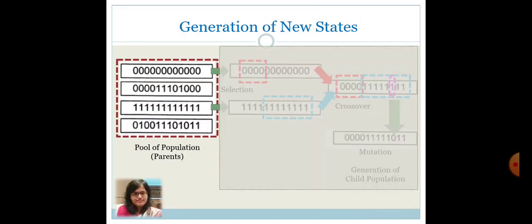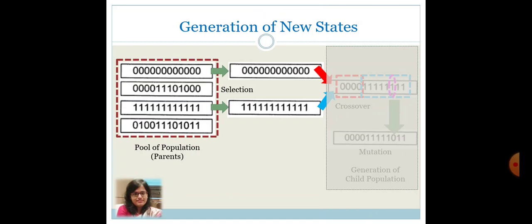So let us have this example where four genes are present in the parent population. Among these four genes, we have selected two genes based on their fitness function values. Suppose the calculation of the fitness function is such that all bit positions should have equal values.